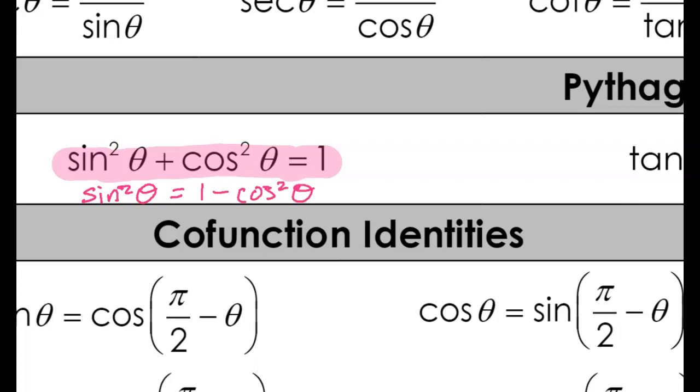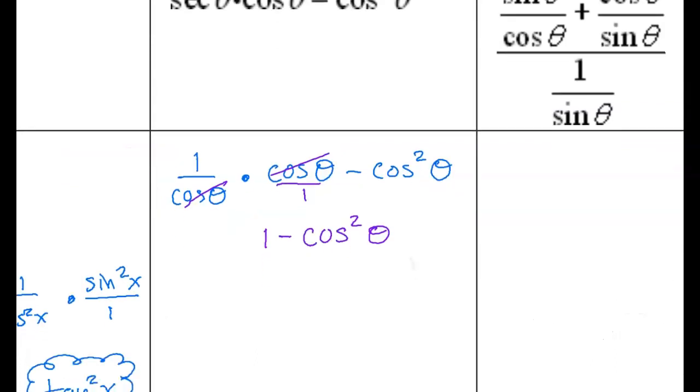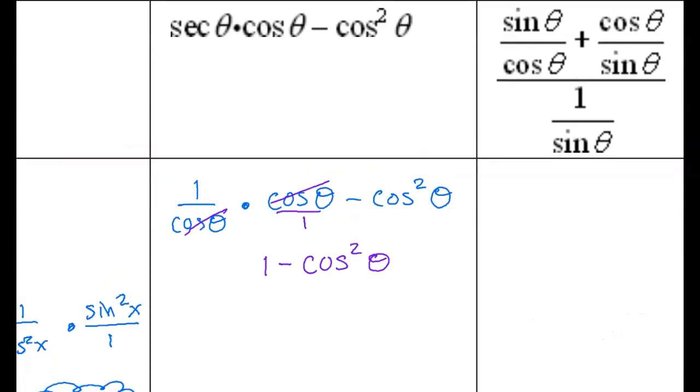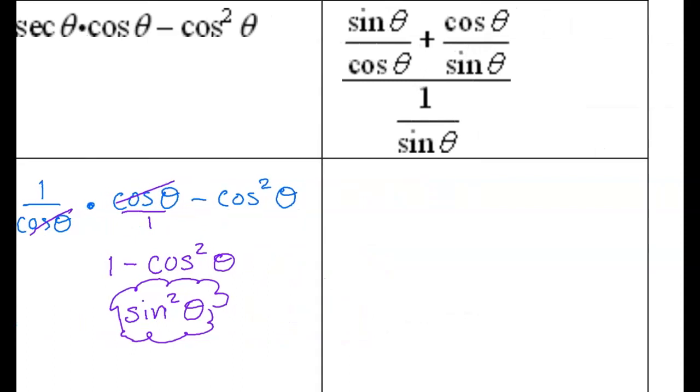So on my problem, 1 minus cosine squared of theta can in total be replaced with sine squared of theta. And that is a single trigonometric function. I am done. That is as simplified as it can possibly get. On to the next one.